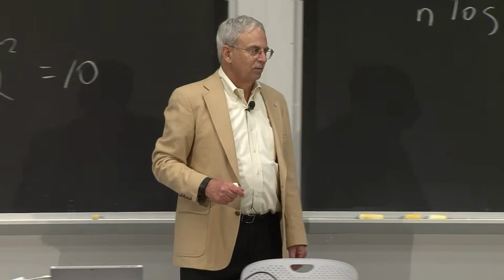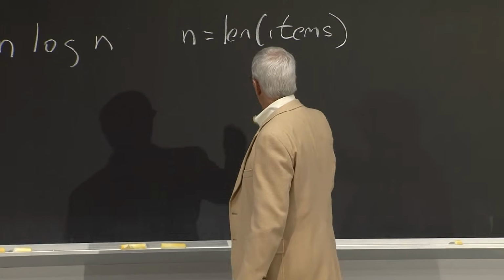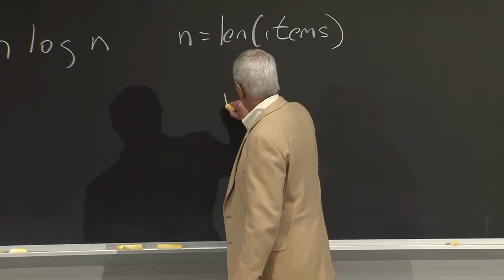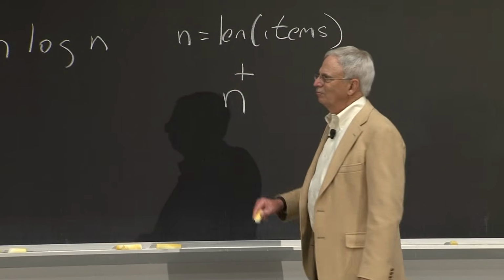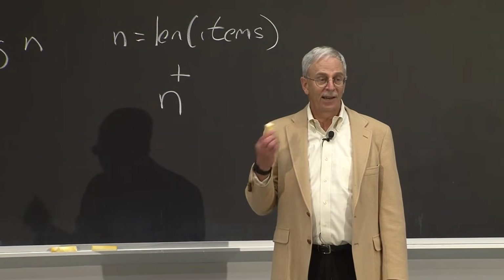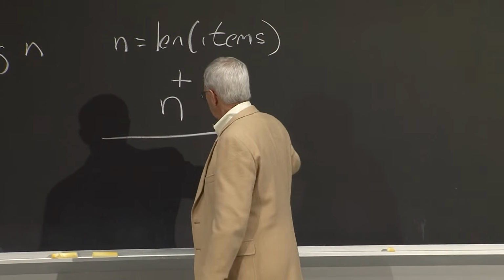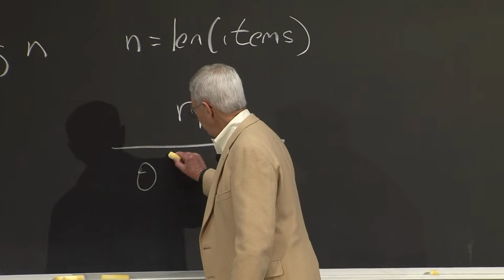Then we have a loop. How many times do we go through this loop? Well, we go through the loop n times, once for each item, because we do end up looking at every item. And if we know that, what's the order?